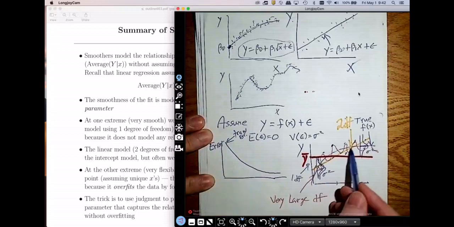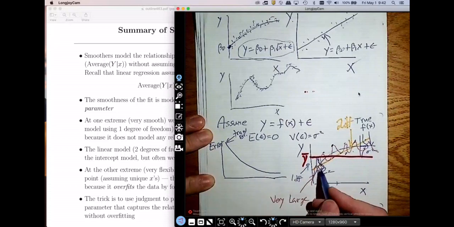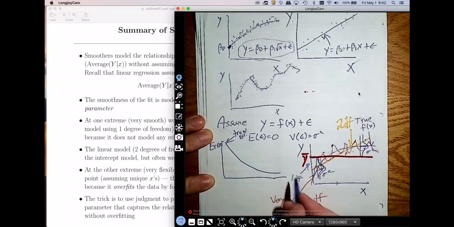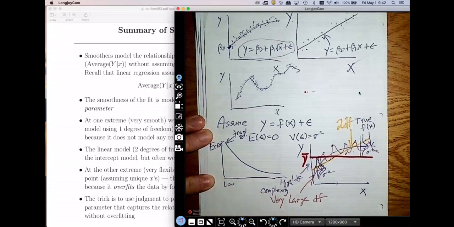If I go to the orange line, the training error is a little bit better. If I turn my dial all the way to the right, and I get that red pen, my training error is close to 0. But we're going to see on the test set that that doesn't work out very well. So this is complexity, the complexity of my model. This is high complexity. This is low complexity.